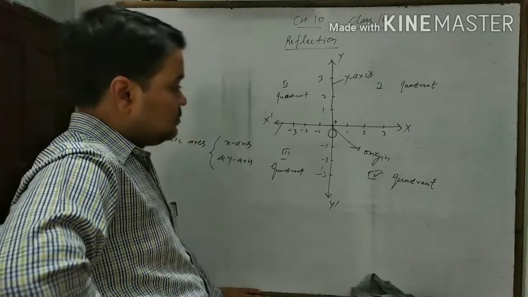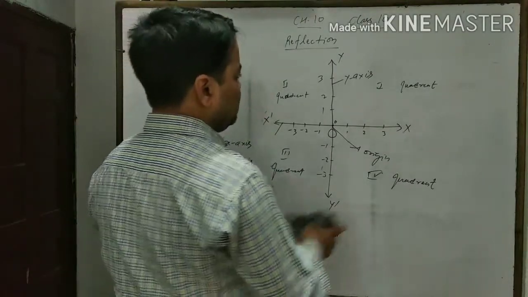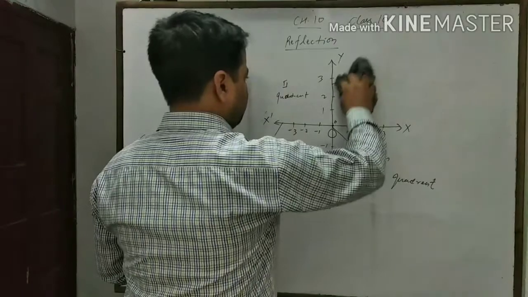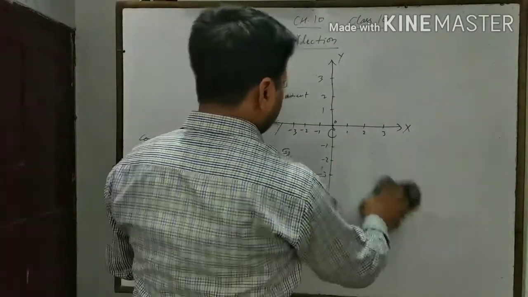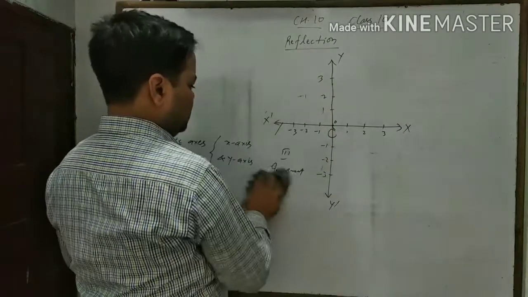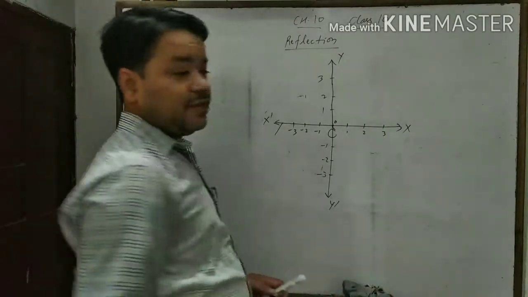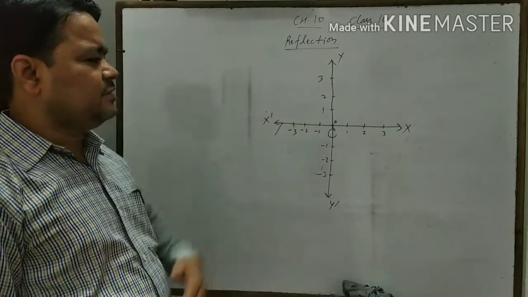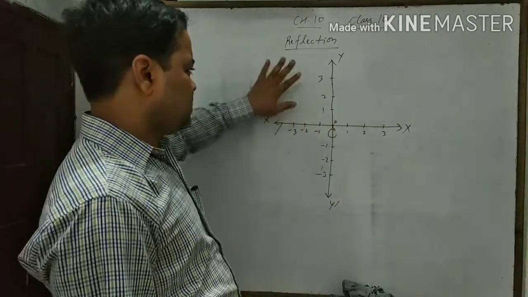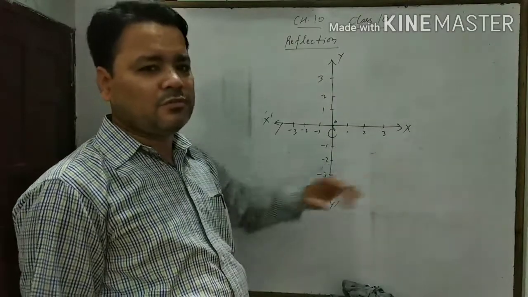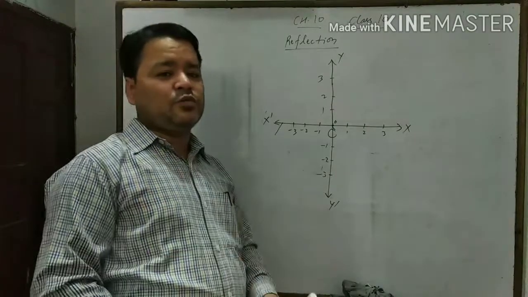Now let us see the sign of the quadrants. What will be the sign convention of the quadrants? Dear student, it is very easy to understand the sign of the first, second, third and fourth quadrants. First we write the sign of the x coordinate.